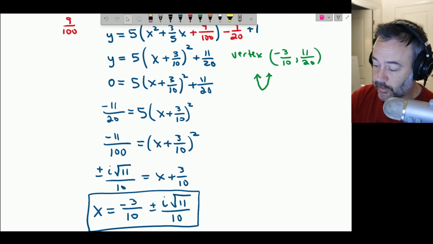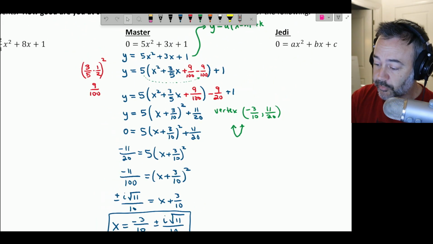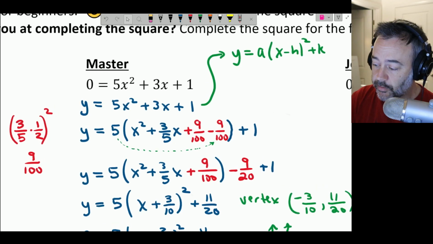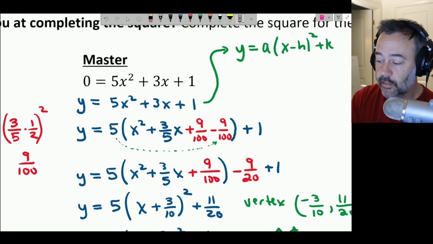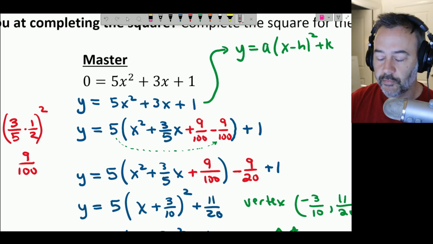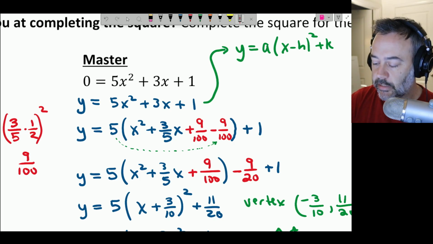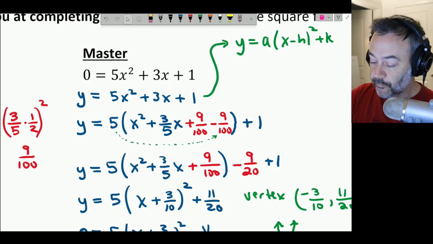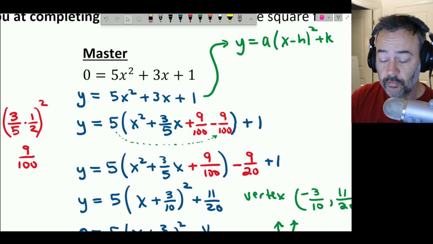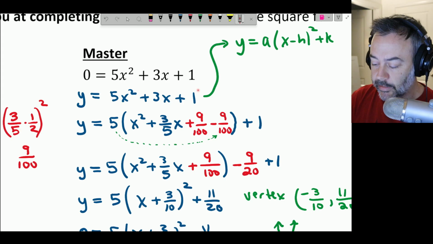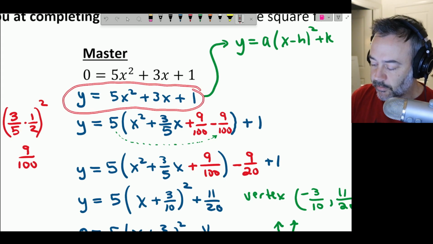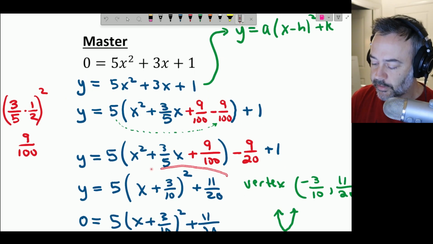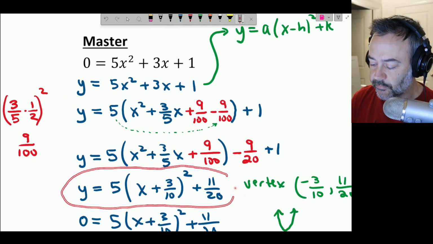And just to summarize, completing the square has multiple uses. We're going to see more uses in the future when we get to conic sections in another chapter. But one important usage is to be able to rewrite a quadratic function into vertex form. And that's useful for graphing.